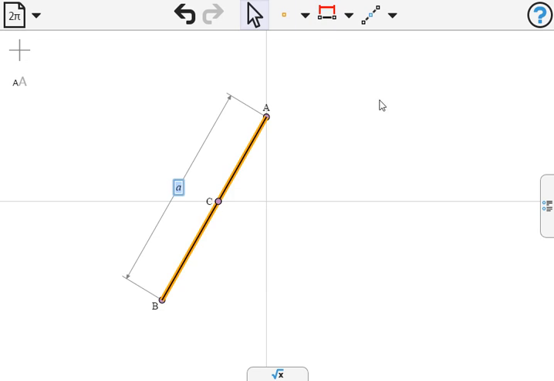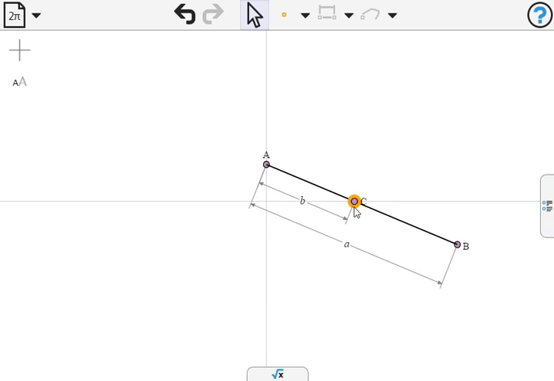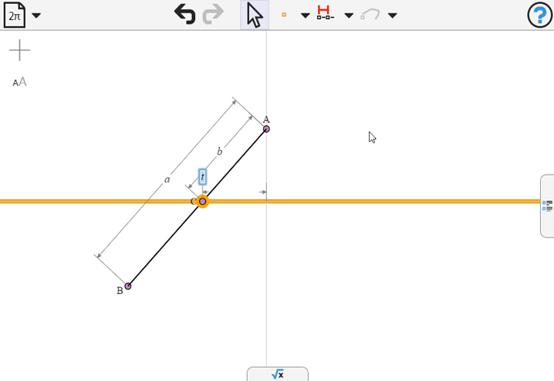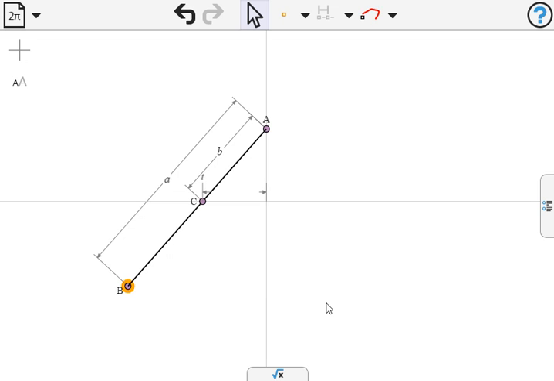You can specify the length of the trammel's arm to be A and the distance between these two sliders to be B. This thing's now going to behave like a trammel. We're going to specify the location of C on the x-axis, make that parametric location T, and that means we can define a locus of B as T varies.